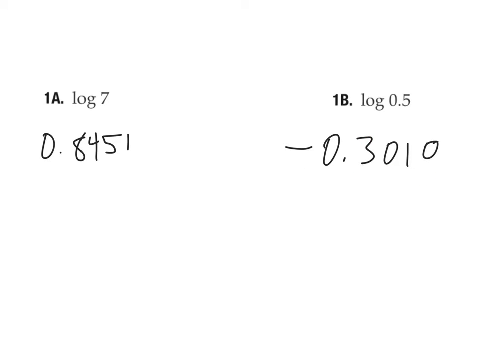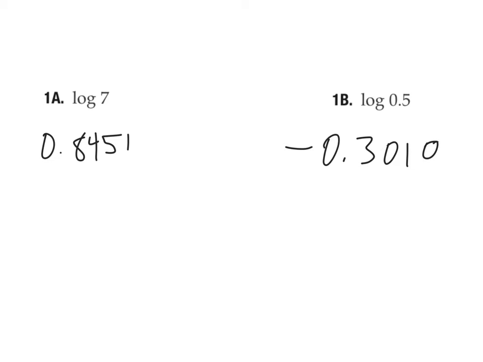If you typed it back in using these numbers as your powers, it wouldn't be exactly 7 or exactly 0.5, because these are estimates, right? The only way to get it to actually equal 7 is to store that number in your calculator with all the digits that never end and take 10 to that power. That's how you would get 7.